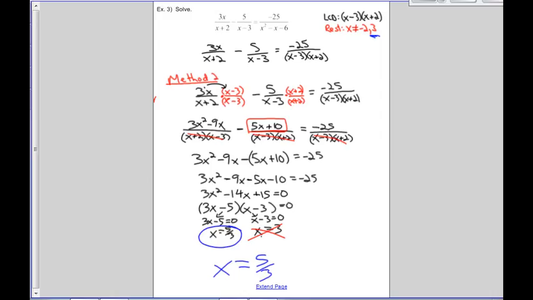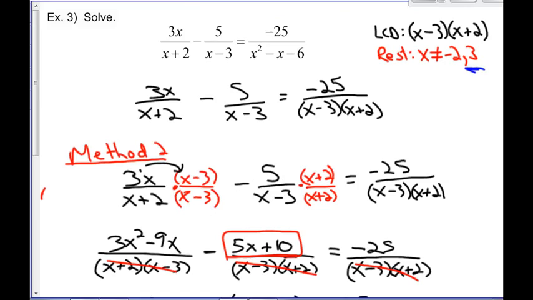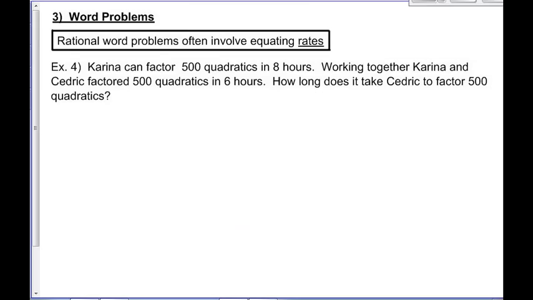Next, we're going to take a look at a couple of word problems. Rational word problems often involve equating rates. So here we've got a question about factoring rates. Karina can factor 500 quadratics in 8 hours. Working together, Karina and Cedric factored 500 quadratics in 6 hours.